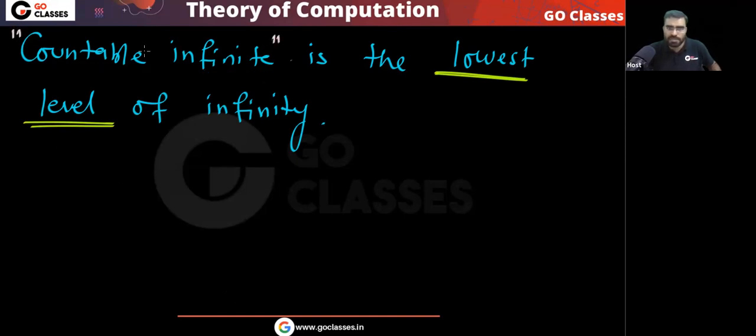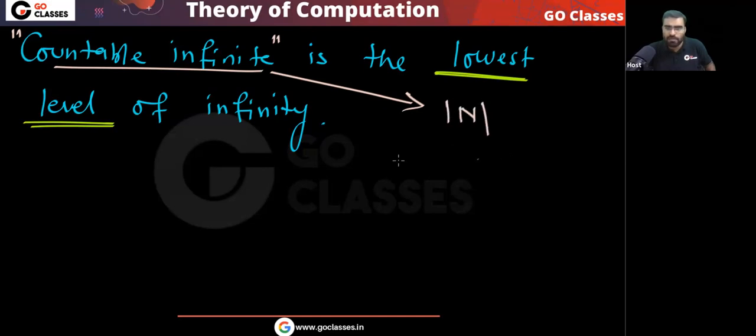You already know what countable infinite is. When can you say a set is countable infinite? When it has the same size as the set of natural numbers. Yes or no? The size must be that of the set of natural numbers.